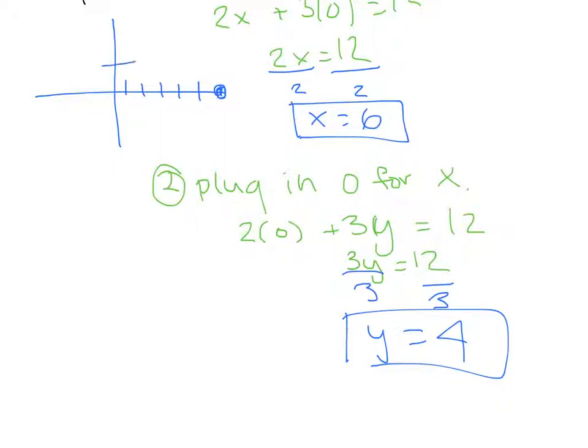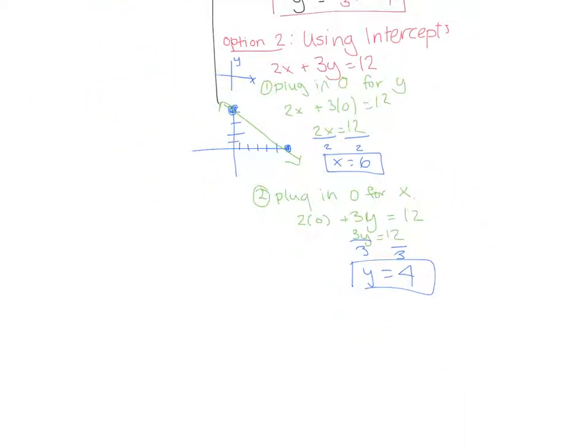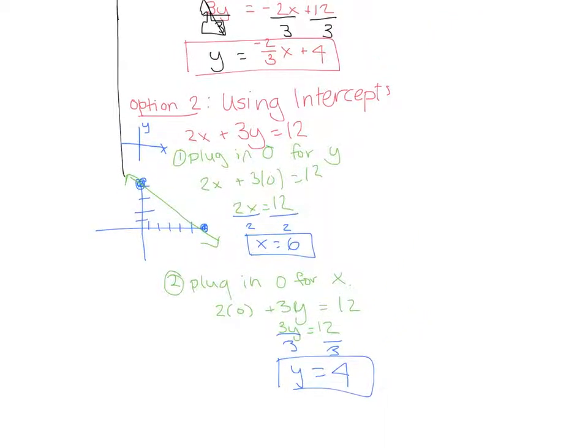And then I can go back up to my graph and put my ordered pair on my y-intercept. Put my point on my y-intercept. And then last but not least, draw my line. Now, notice that in slope-intercept form, b is your y-intercept, and y is your y-intercept here, okay?